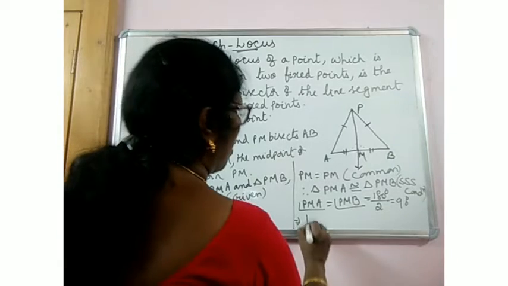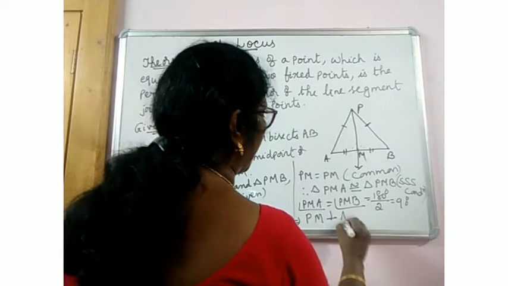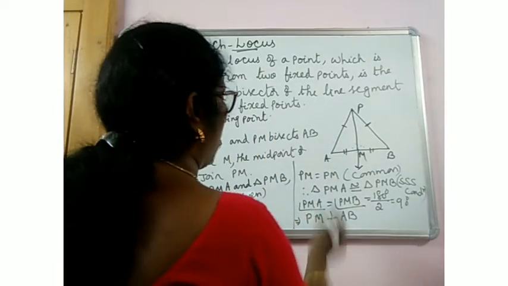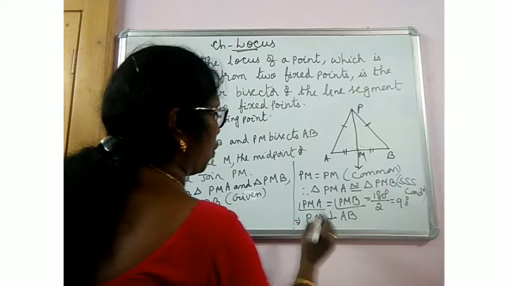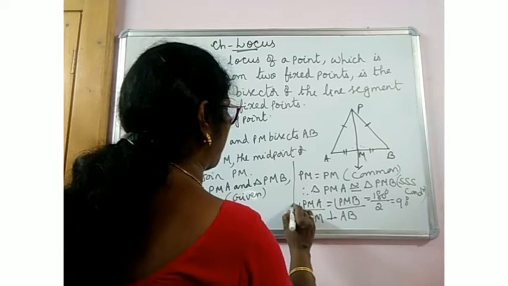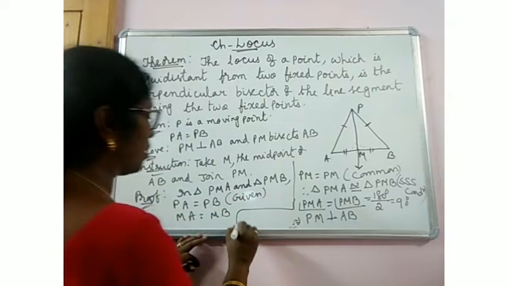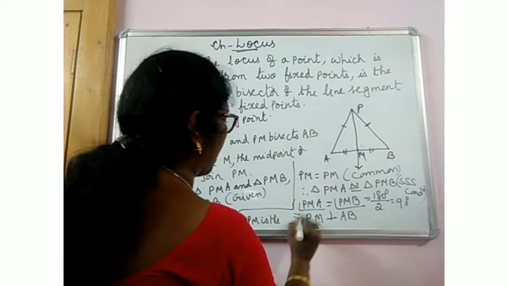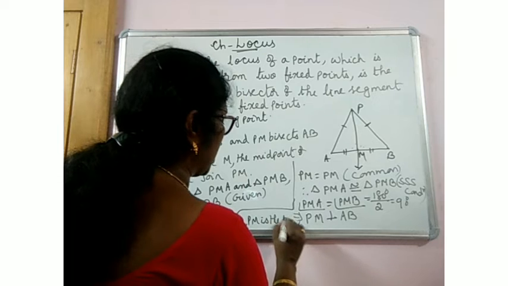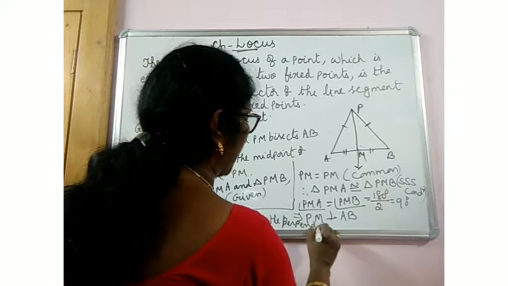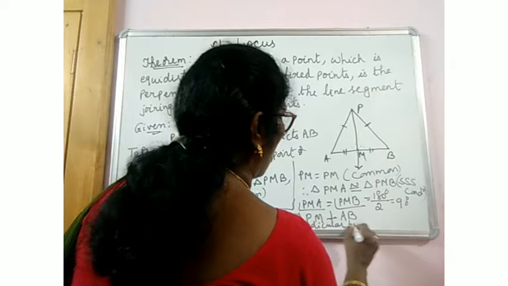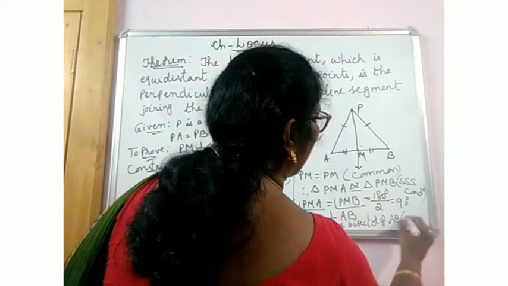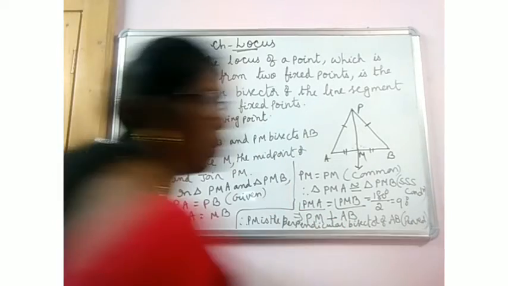That means PM is perpendicular to AB, and also we have taken it as a bisector. Therefore PM is the perpendicular bisector of AB. That is what we had to prove.